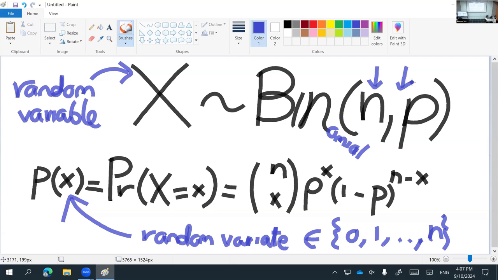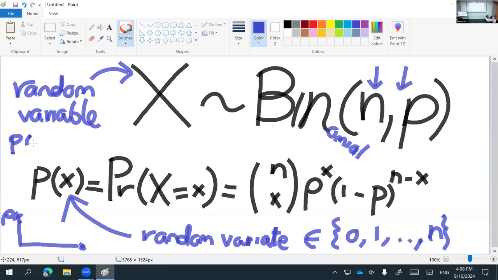Whereas P here, okay guys, I'm sorry, but this is life. This here is the probability mass function. It's what you plot. So this is X, this is P of X. And this P is called probability mass function, PMF.